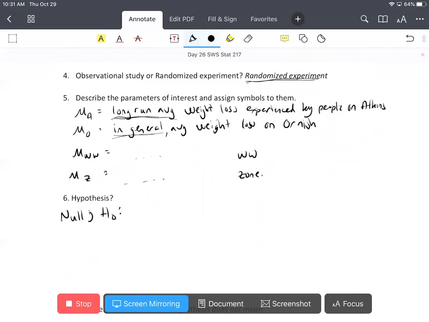Hopefully you said no. Nothing special is happening. So mu sub A is the same as mu sub O is the same as mu sub WW is the same as mu sub Z. So the diet plans do not differ with regard to weight loss.